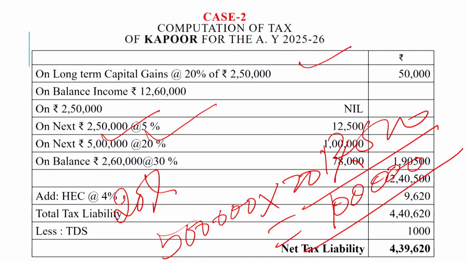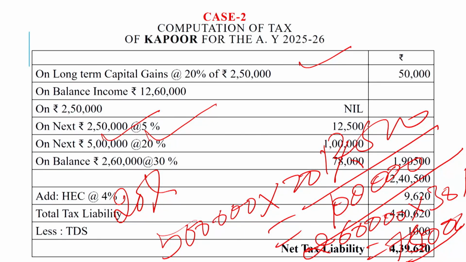And the rest amount 2,60,000, 30% of 2,60,000 is 78,000. So 78,000 plus 1,12,500 will come to 1,90,500.